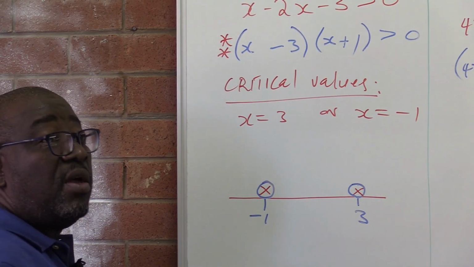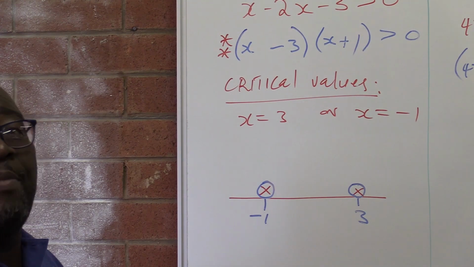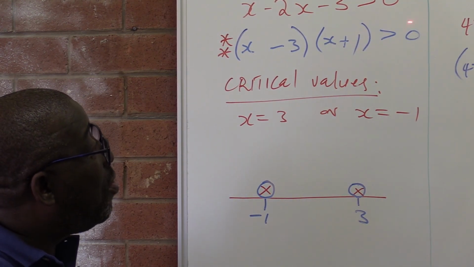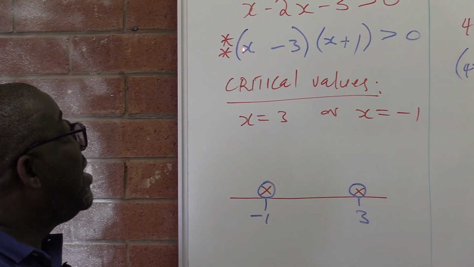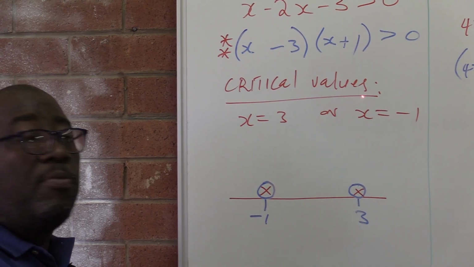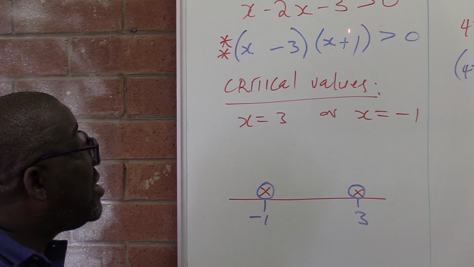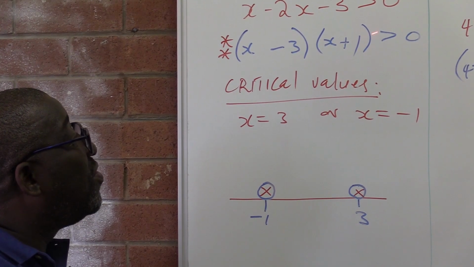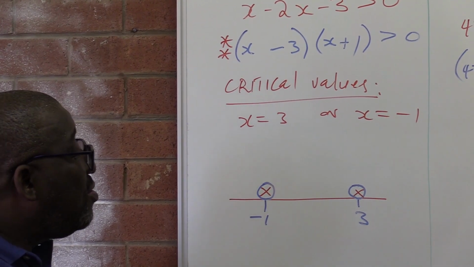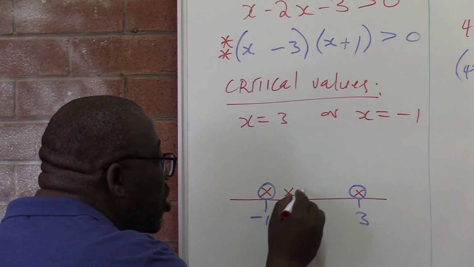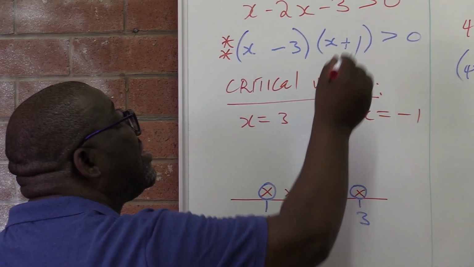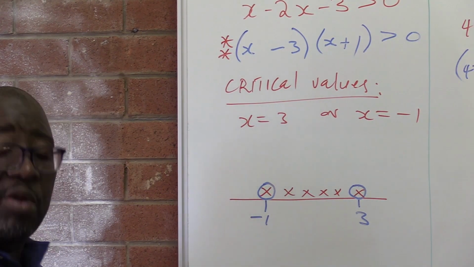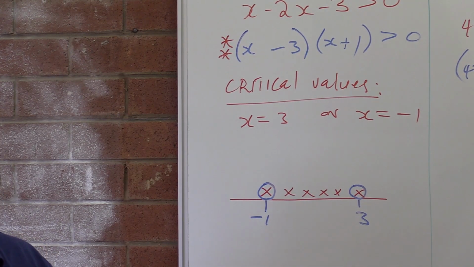It gives me negative. What am I looking for? I'm looking for something that is positive. So is 0 part of my solution? No, because negative times positive gives me negative, and yet I'm looking for something that is positive. So the values in between are not part of the solution, because they give us something that is negative, and yet we're looking for something that is positive.